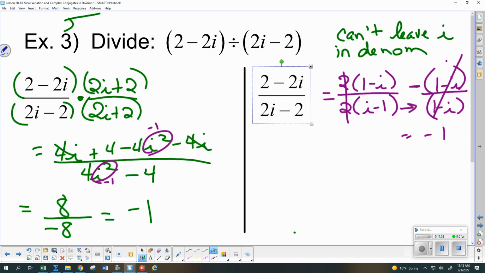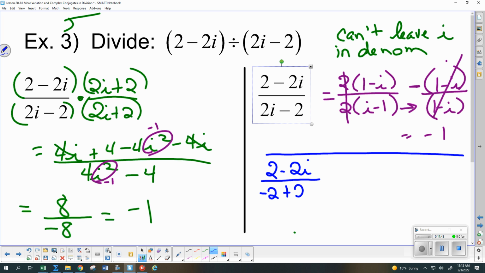I could also have said, wait a minute, that denominator isn't written correctly. Should have been 2 minus i over minus 2 plus 2i, and maybe I could have noticed the same kind of thing there to get the i's last on both.